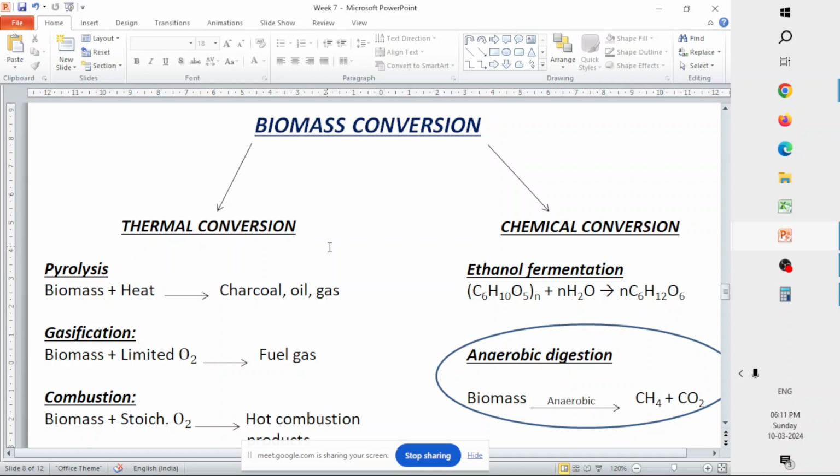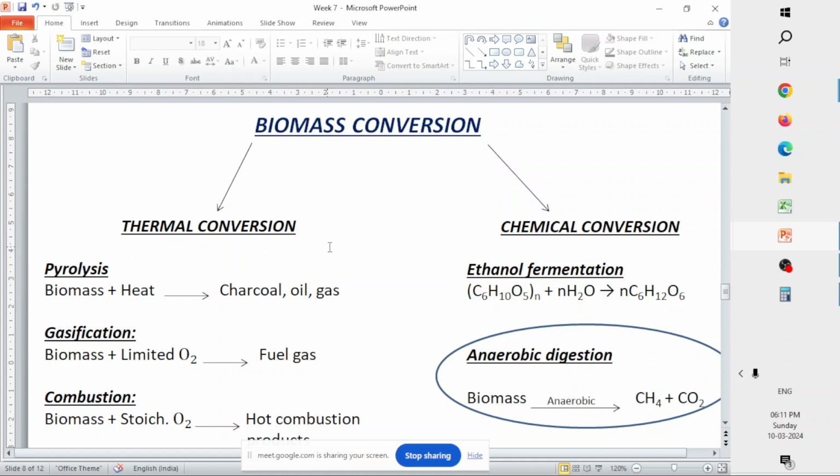So here we have two different classifications. Thermal conversion has three different types: pyrolysis, gasification, combustion. Once you heat your biomass in an inert atmosphere, you are not going to supply any oxygen.